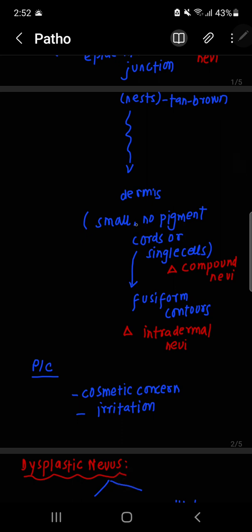As they go further into the deeper dermis, they lose their architectural orientation, and they get some fusiform contours. Since they're in the deeper dermis, they're called intradermal nevi. But the good thing is that although they started proliferating, eventually they end in senescence, and that is why it is called benign.